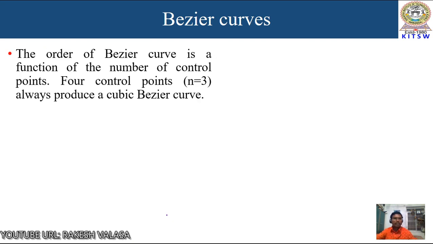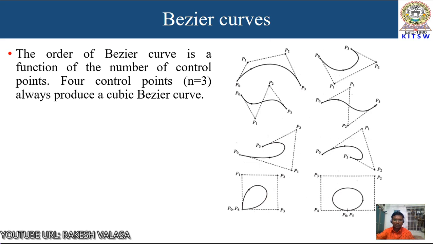The final conclusion is the order of Bezier curve is a function of the number of control points. For example, 4 control points, that means n equal to 3, always produce a cubic Bezier curve. You can see the different shapes in this figure. This is the cubic Bezier curve for various control points. The figure shows that the order of defining control points changes the polygon definition, which changes the resulting curve shape.